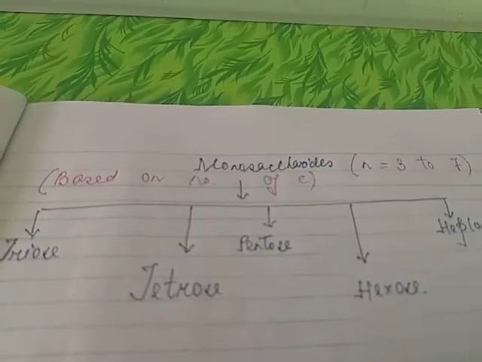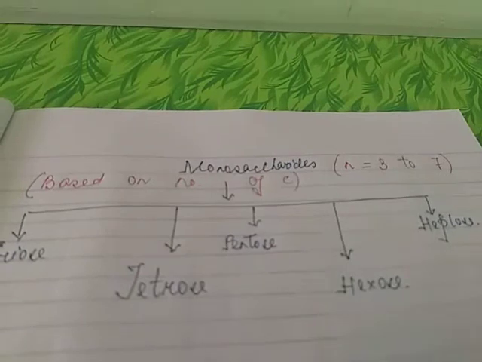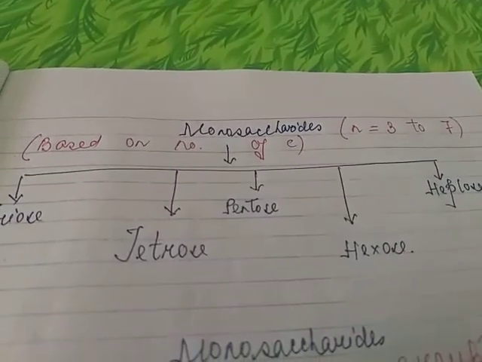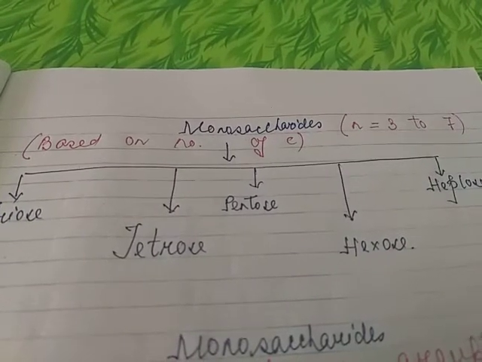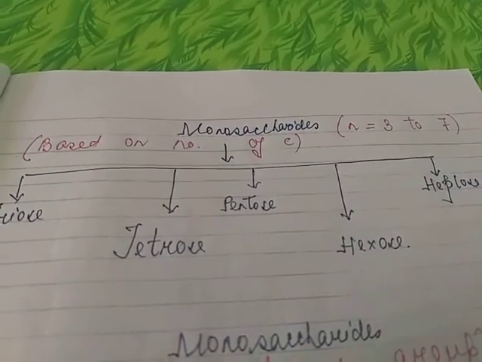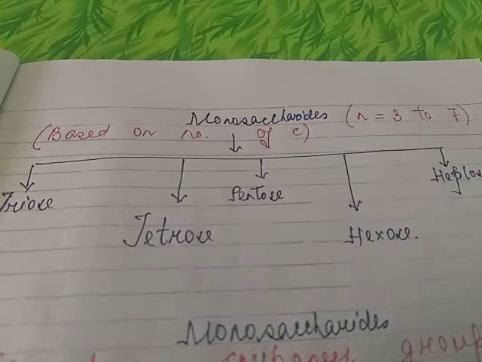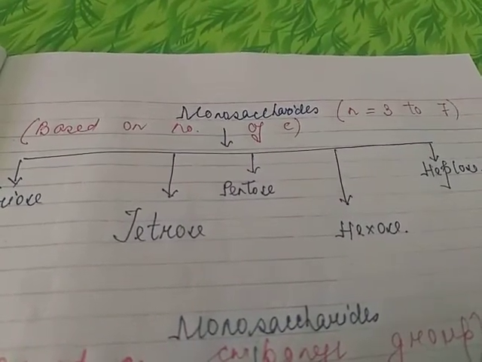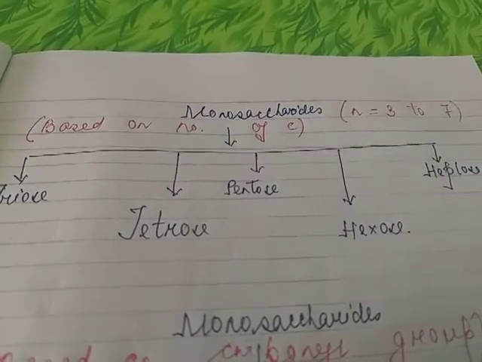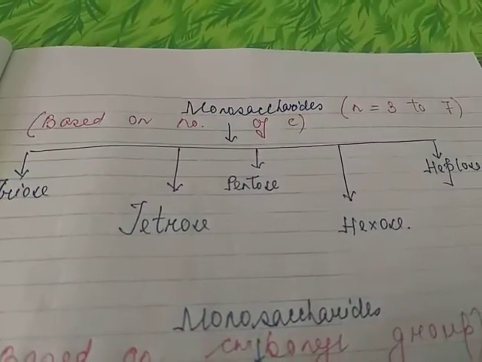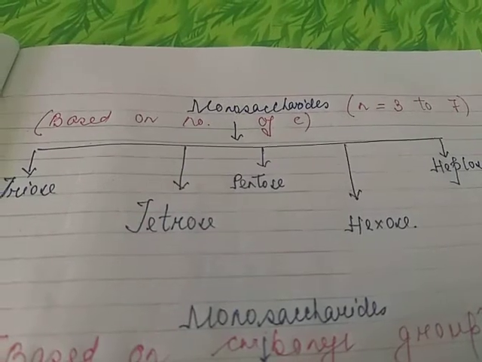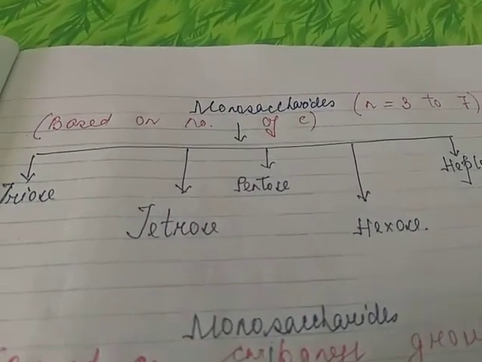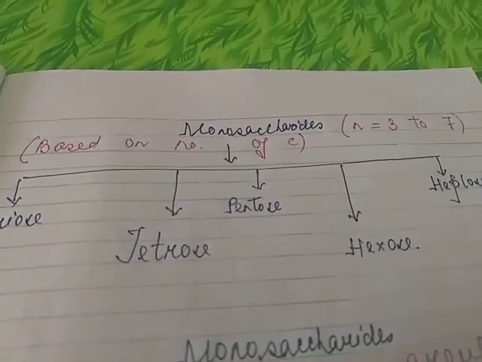Classification of monosaccharides. As we know, monosaccharides have to be polyhydroxy carbonyl compounds. That means a minimum of 2 OH groups would be there, on different carbon atoms, as 2 hydroxy groups cannot be on the same carbon atom.